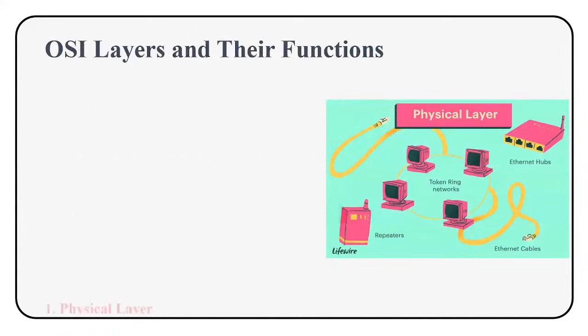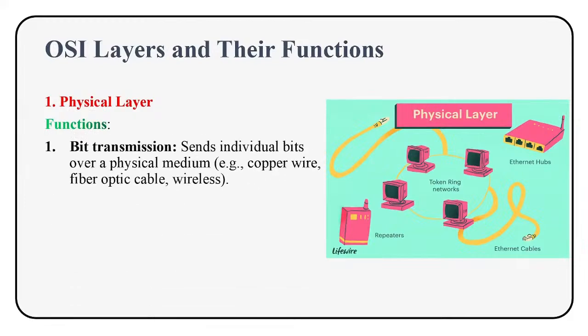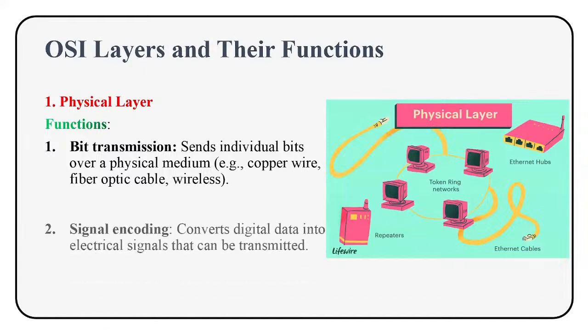Here you can see, the first one is the physical layer, and these are the functions of the physical layer. I tried my best to keep the images here for you to understand it in a deeper manner, because these are conceptual parts. The function is bit transmission: it sends individual bits over a physical medium, copper wire, fiber optic cable, or wireless like Bluetooth.